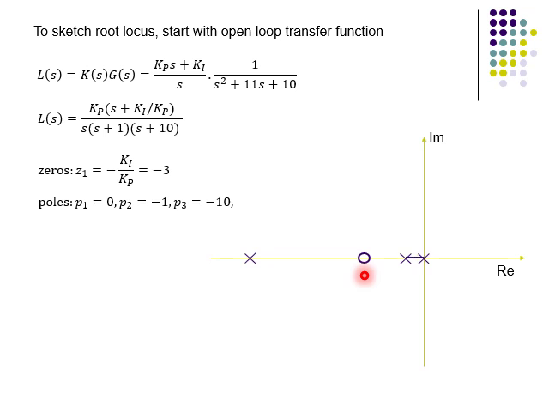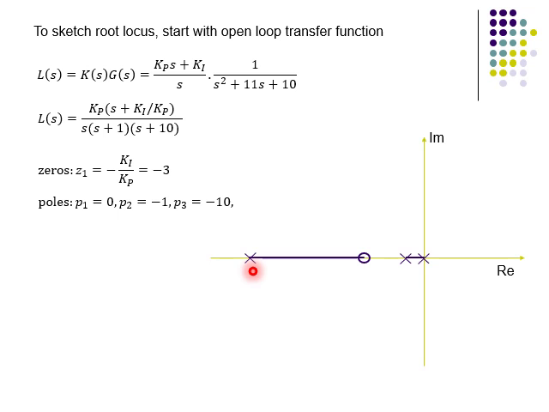So then to continue to construct the root locus, we can use rule 2, which tells us that there will be a branch of the locus between the two poles here on the left, and then there will be another branch of the locus between the zero and the pole.